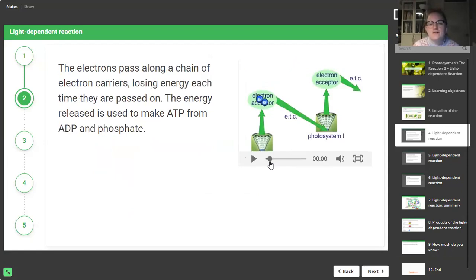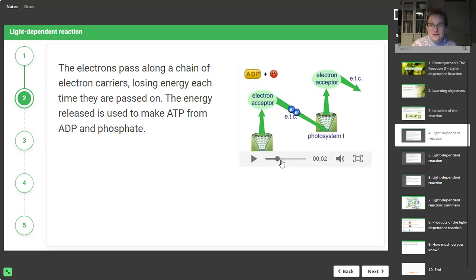So this is that electron transport chain. And as they're passing down this chain, they start to lose energy each time they are passed on. As they lose energy, that energy is used. The energy that is released from these electrons is used to make ATP.